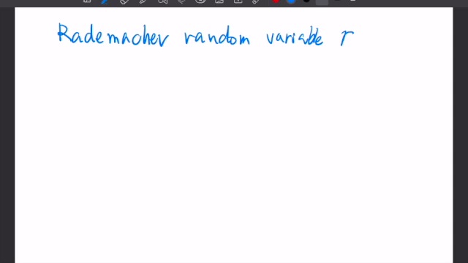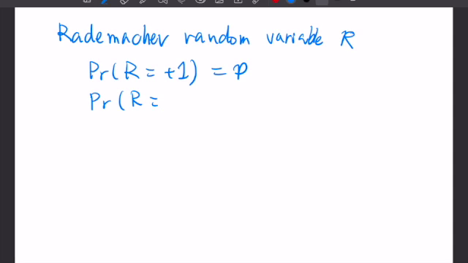Let's call it R. It's a random variable that can take two values, either positive 1 with probability p or negative 1 with probability 1 minus p.